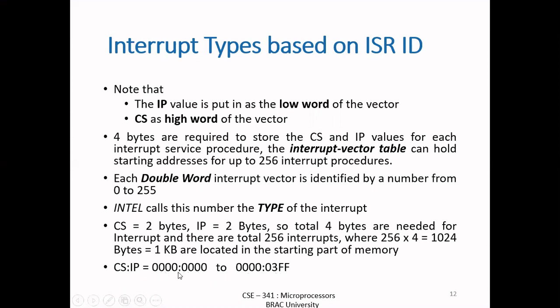You know how to calculate the physical address, right? So when you calculate the physical address from these logical addresses, you will get the particular memory location to serve that ISR, or to fetch the interrupt service routine, or the instructions needed to handle that kind of interrupt.